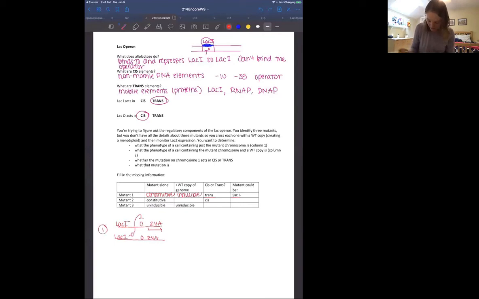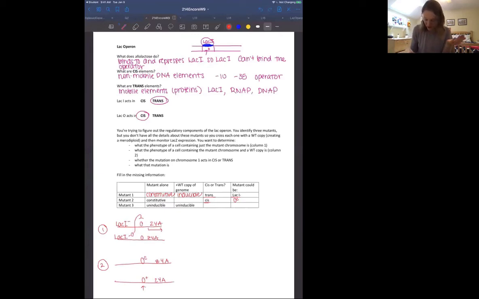Okay, so this is problem 1. So mutant 2 is constitutive, and we know it's a cis mutation. So that means that it must be in the operator. We must have an OC, constitutive operator. And so if we add in a wild type copy, because this operator here on the wild type plasmid, an operator can't move because it's a cis element.